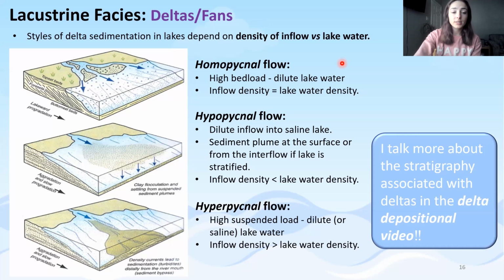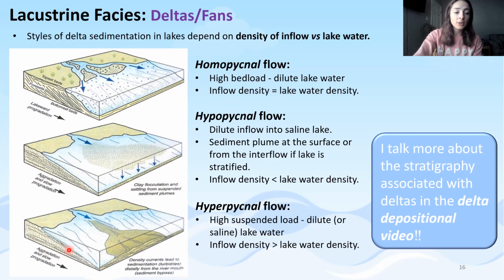lacustrine system. For example, you can see that in the cross-section cuts of each one of these figures, there is different stratigraphy. For example, the top homopycnal flow figure shows the lakeward progradation of the system caused by the homopycnal dominant flow, and then you've got aggradation and slow progradation in the hypopycnal flow regime, and clay flocculation settling from suspended sediment plumes in this regime as well, causing graded bedding.